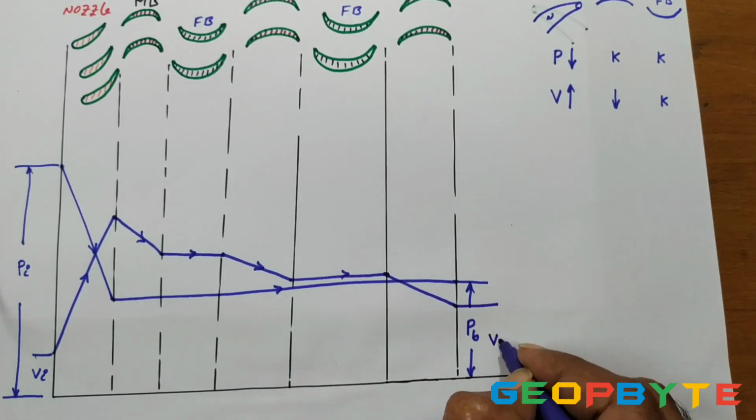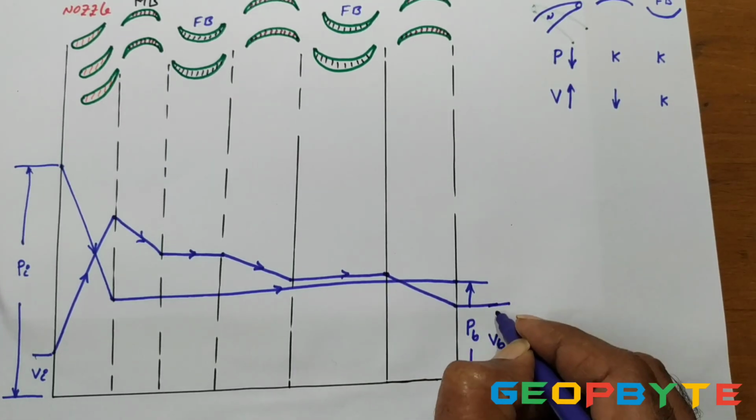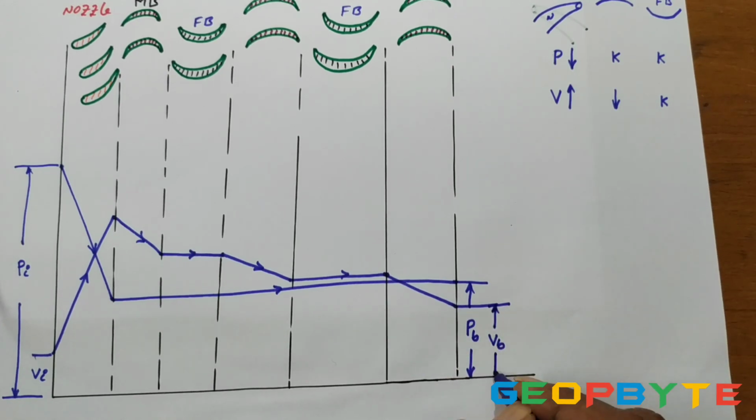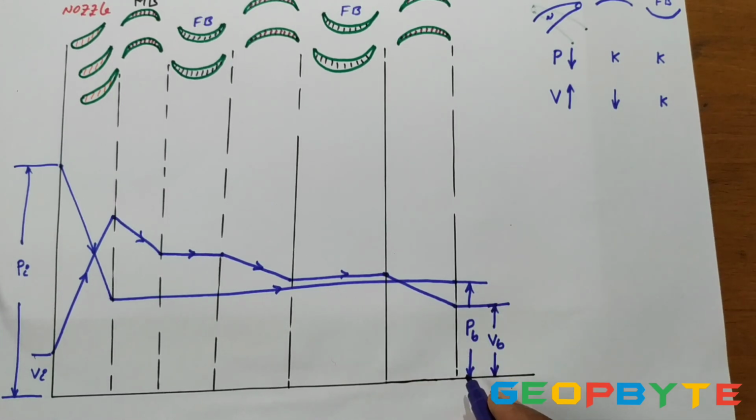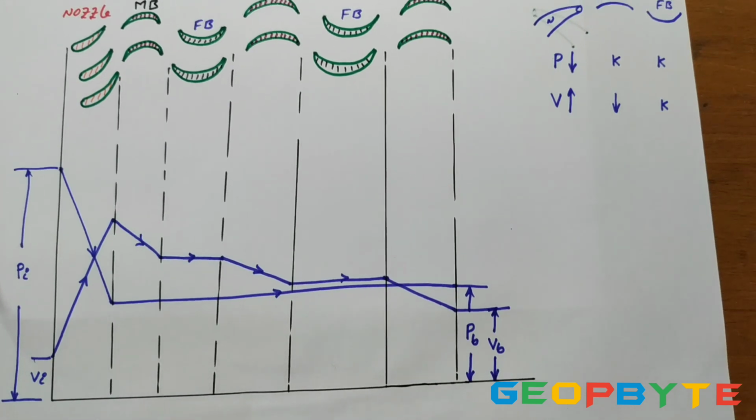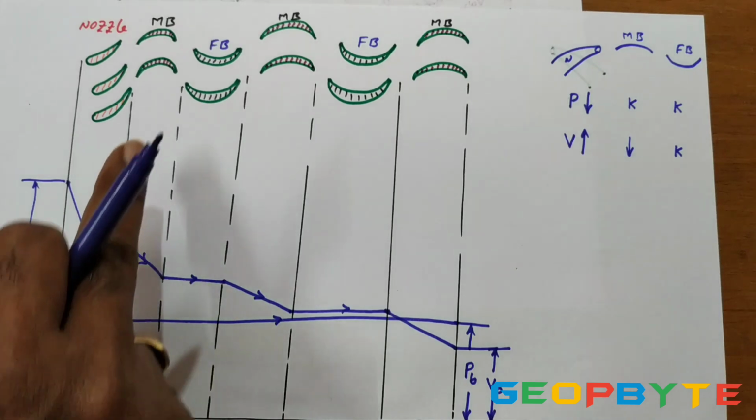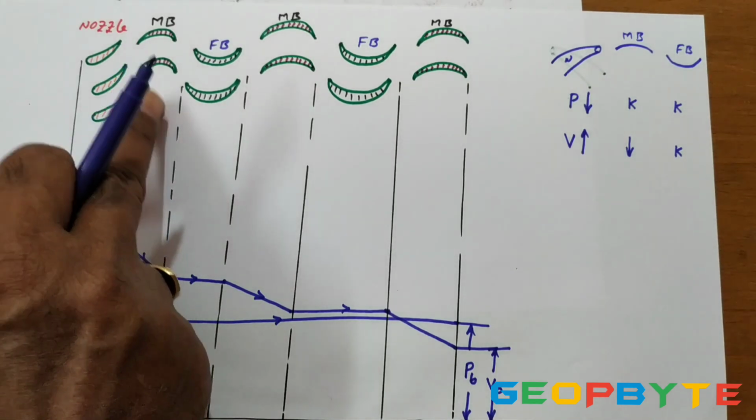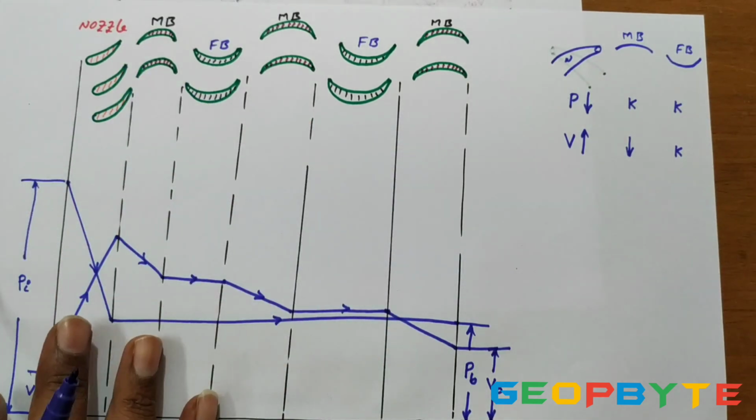With this velocity, the steam is leaving the Curtis turbine or velocity compounding steam turbine: VB, the back velocity, and PB, the back pressure. That is how the pressure and velocity change while the steam is passing through either the mobile blade section or the fixed blade section.